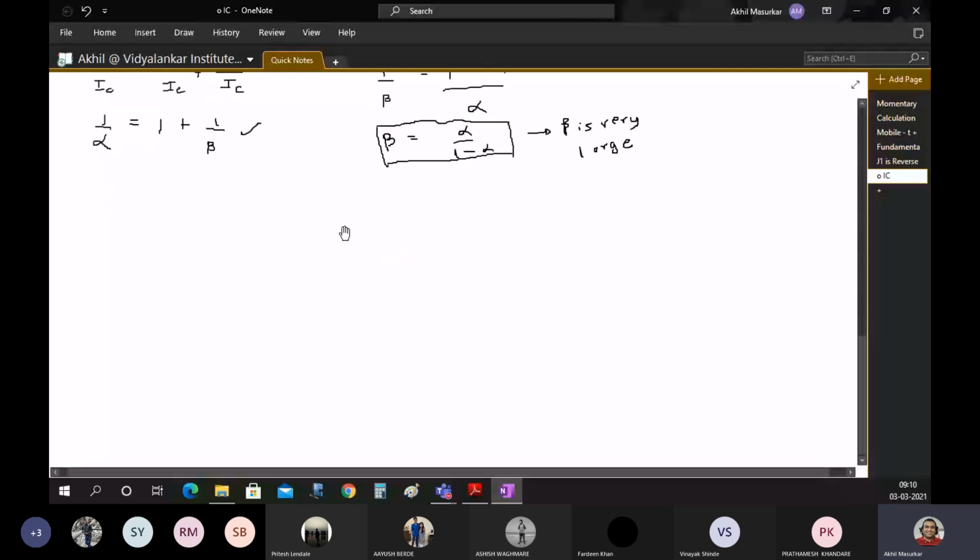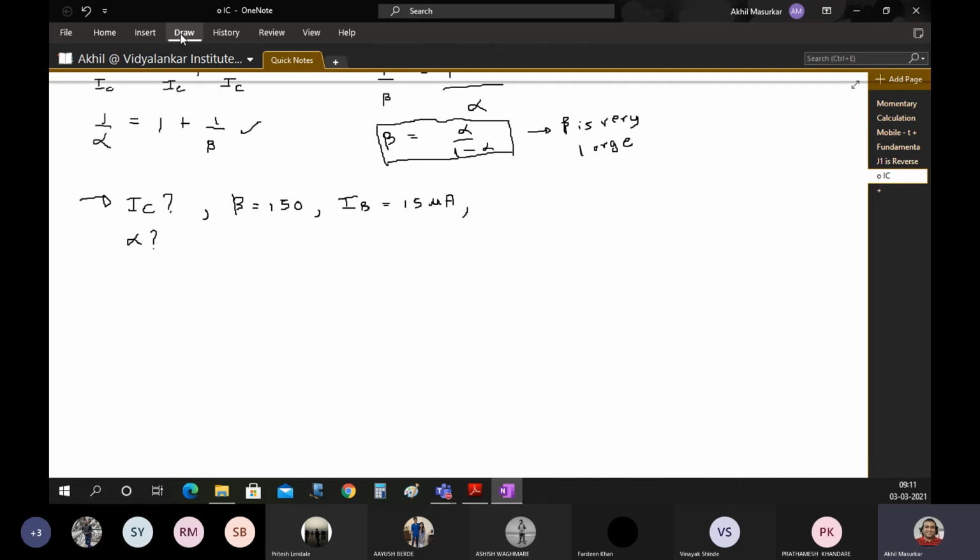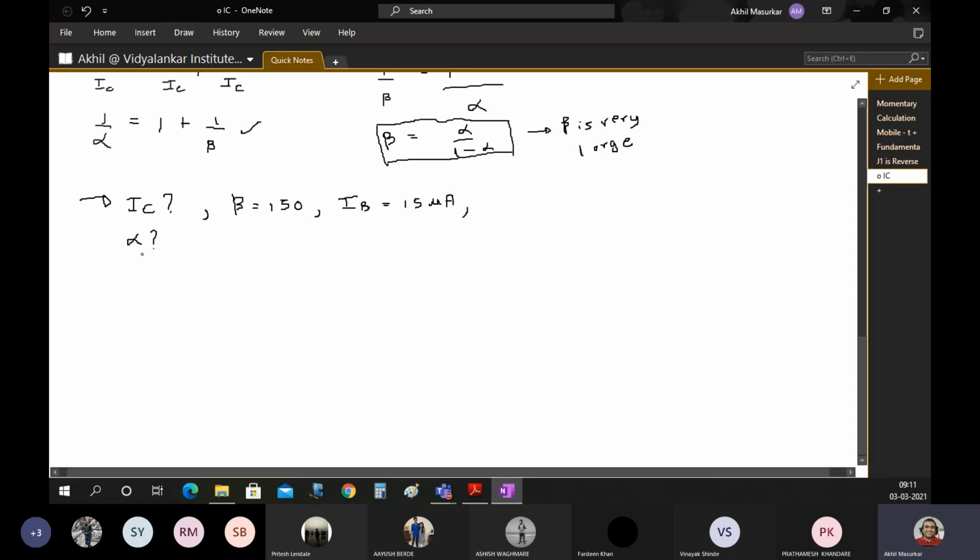Let's say calculate IC when beta is 150 and IB is 15 microamperes. We have to assume that the transistor is in forward active mode, and then we also have to calculate the value of alpha.